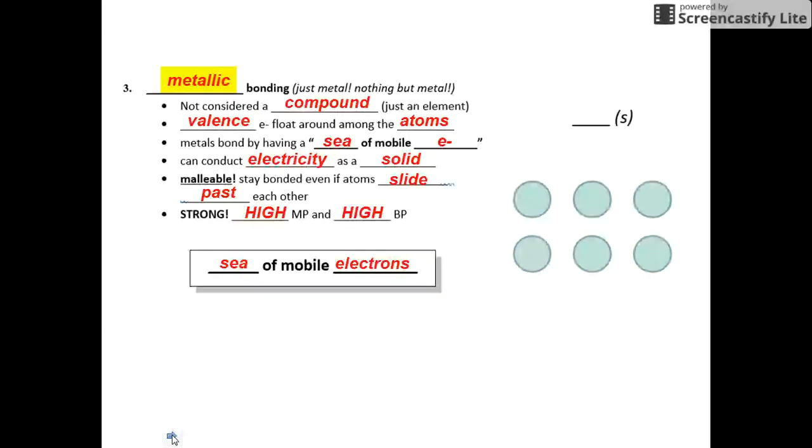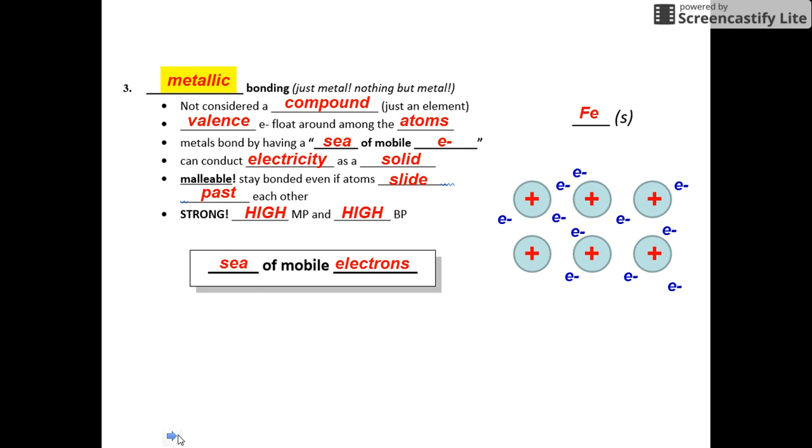And so here we're going to do a little diagram. This is not a Lewis dot diagram, but this is just a diagram to help you visualize this sea of mobile electrons. This is going to be iron, Fe as a solid, and these are all the iron atoms. And the atoms basically have a positive charge from the nucleus, and then there are lots of electrons. The valence electrons are just going all around in between those positive metal atoms.